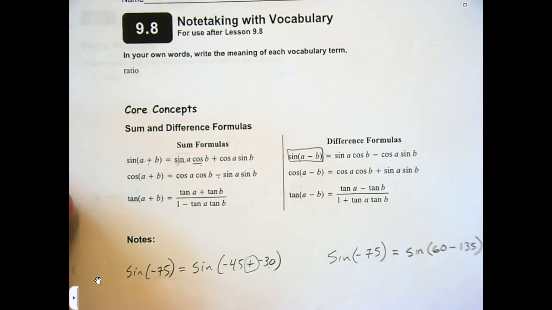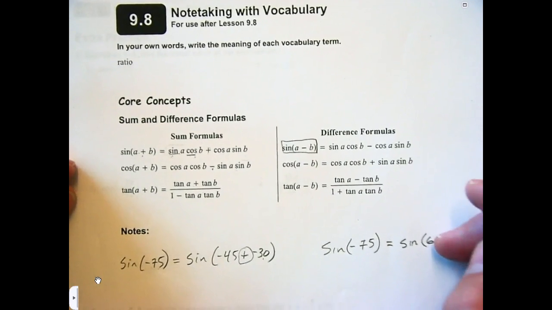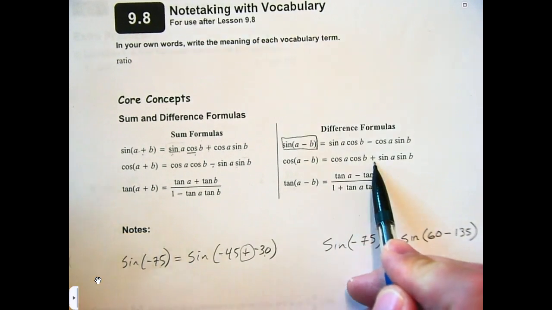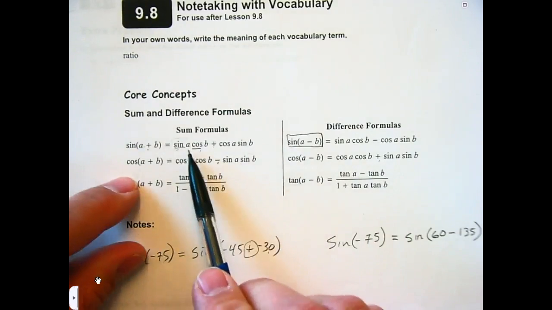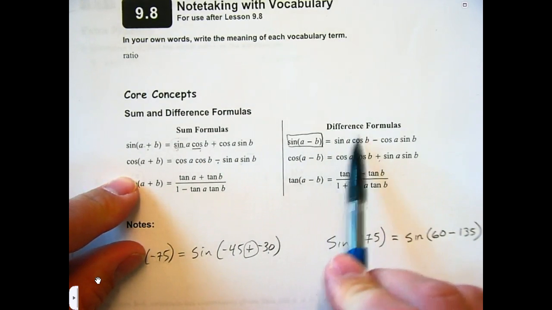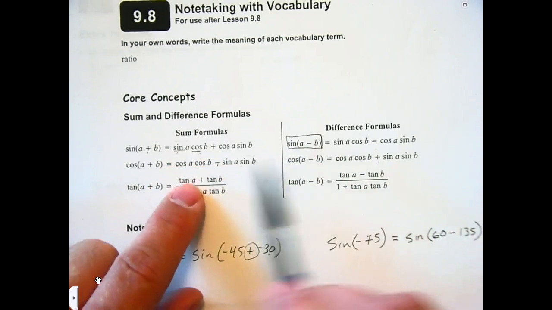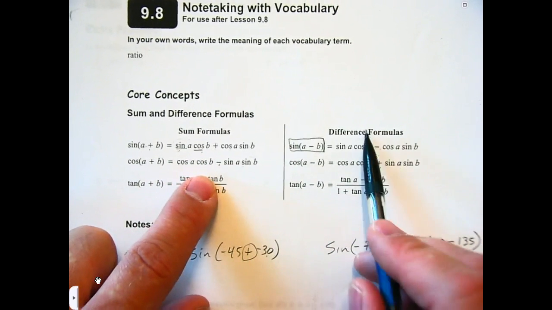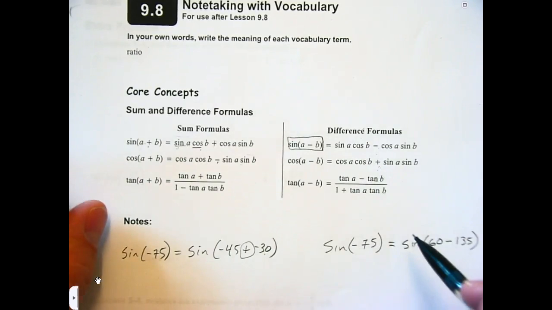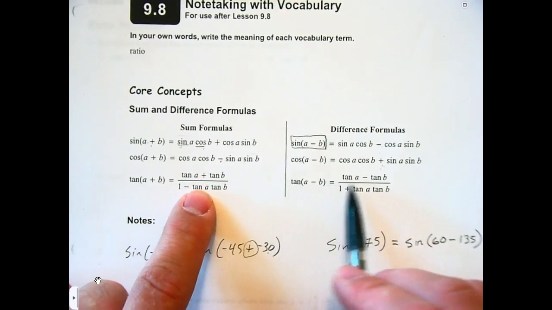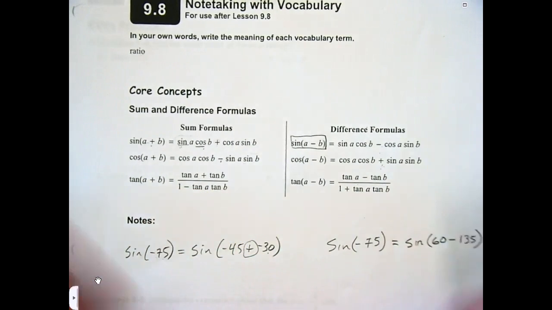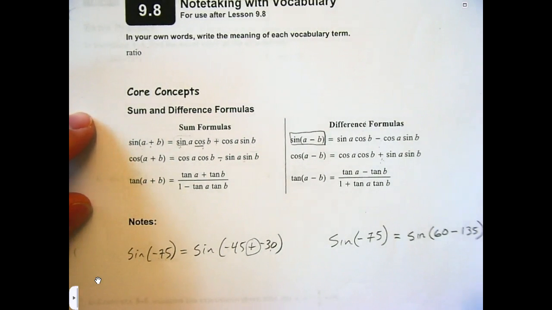It is weird. And then the difference one, you add. Really these are the same things for the difference formulas, exact same pieces, you're just subtracting them on sine, and on cosine, exact same pieces, but when you're doing the difference formula, you're adding them. And notice the tangent, very similar in the way you do them. Exact same pieces, just where your addition and subtraction signs are.